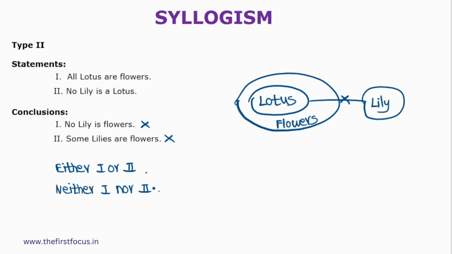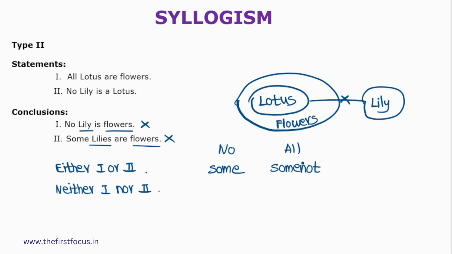But in syllogism, if both the conclusions are false, we have to check for complementary pairs. What is a complementary pair? If the given variables in both the conclusions are the same and occupy the same positions, and if the words are no, some, all, some not, this is the complementary pair.